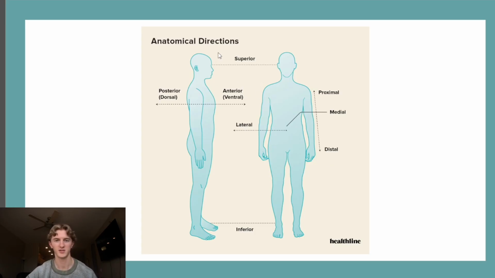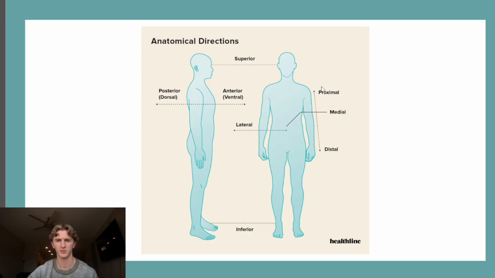So for example, you would say the head is superior to the feet. You can see the head is above the feet. And then you could say the latissimus dorsi, which is the main muscle of the back, is posterior to the chest. We can see the chest is on the front half and the back is on the posterior half.